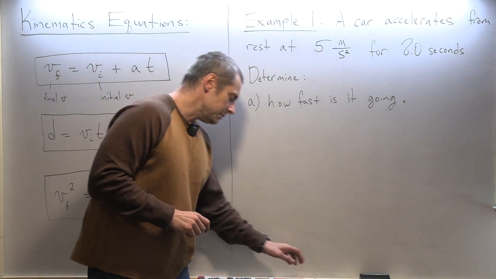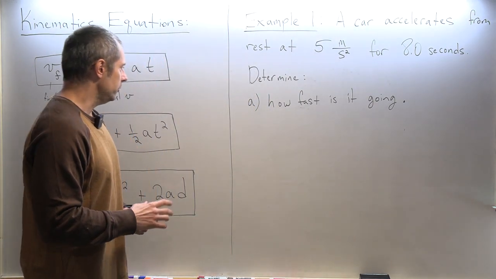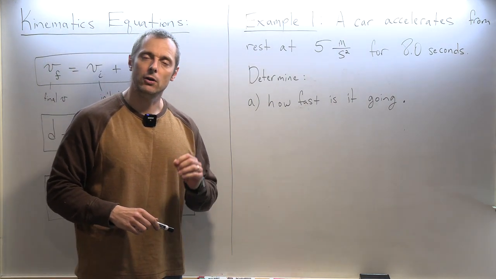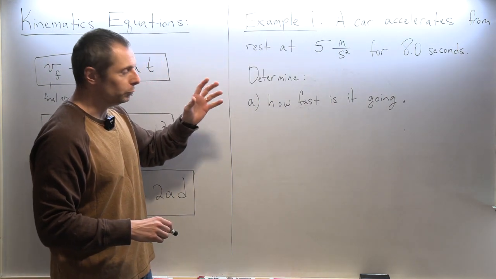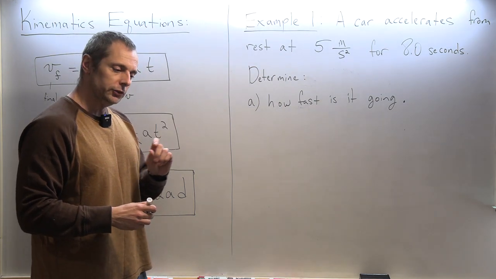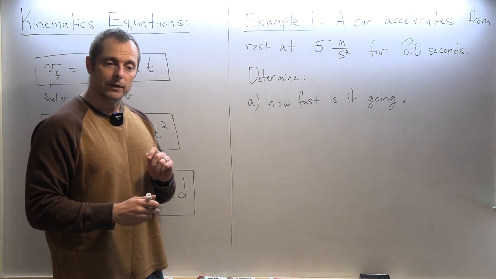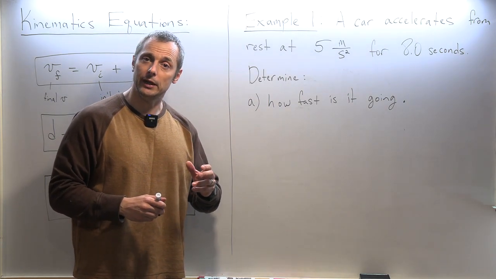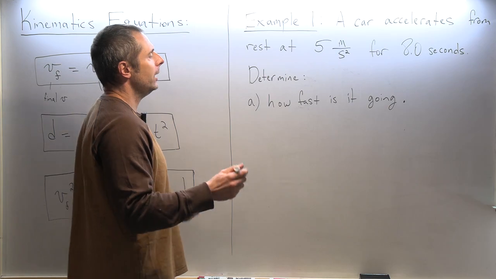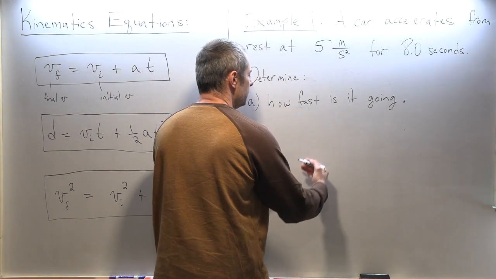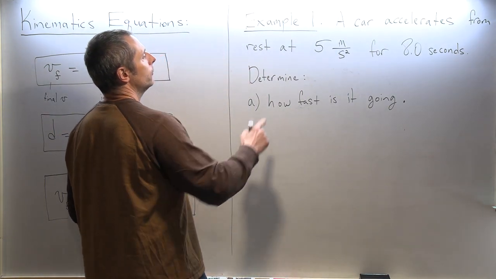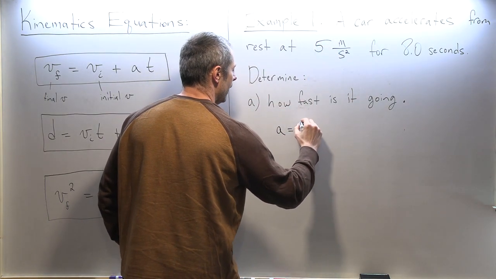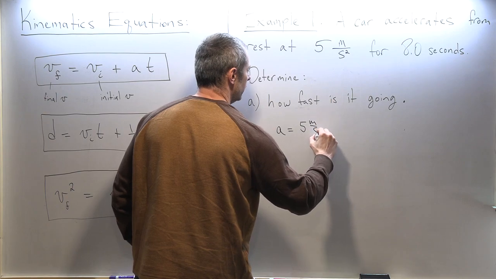Now, a lot of students have difficulty applying these formulas because they don't necessarily see which one to use. So I'm going to show you a technique that is kind of foolproof, and you should do this especially in the beginning. What I would recommend is you jot down all the information the problem gave you. For example, the car accelerates at 5 meters per second squared, so I'll write a equals 5 meters per second squared.